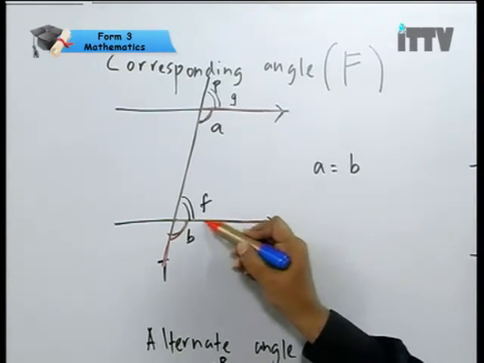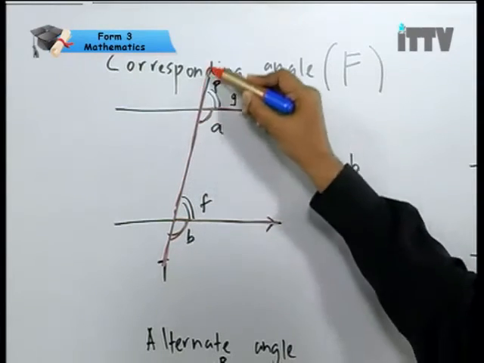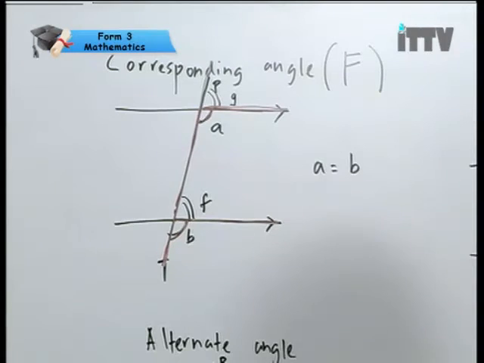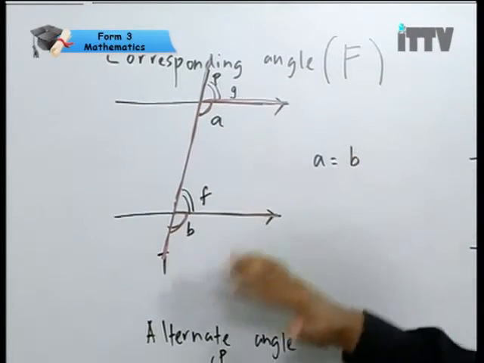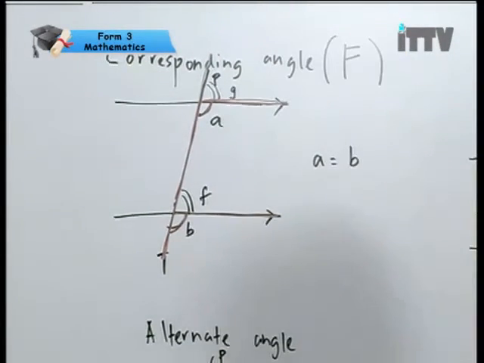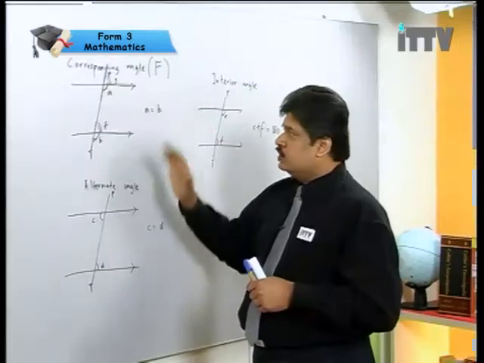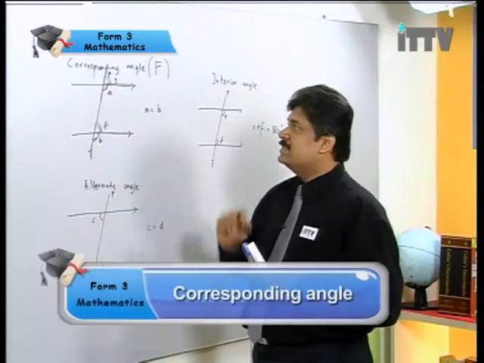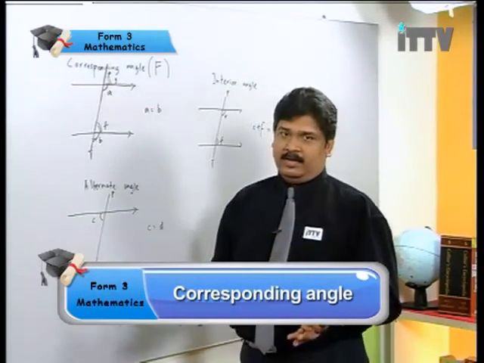So the F is on the inverse side. Whether it is on this side or on the inverse side, it does not matter. So long as you can capture the alphabet F, we call this a corresponding angle.